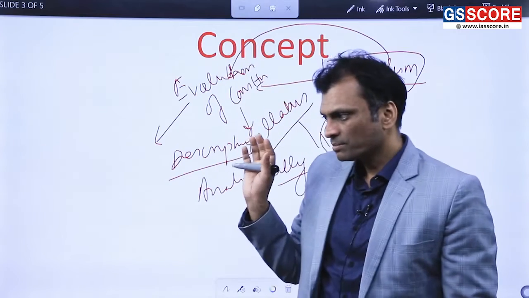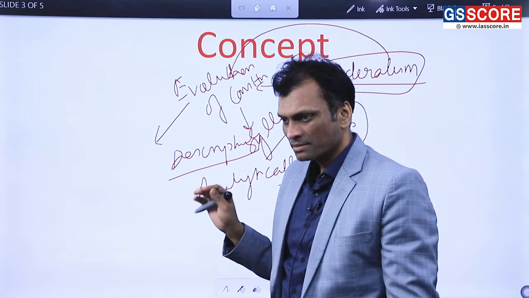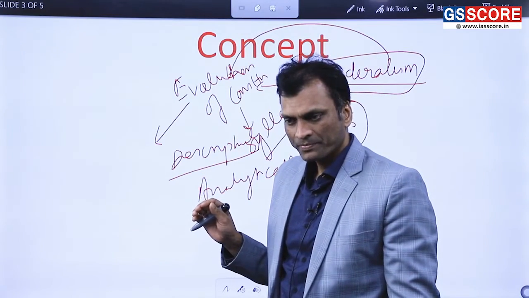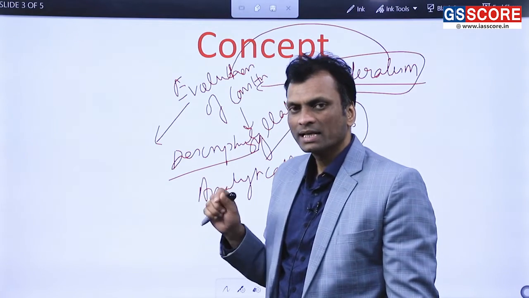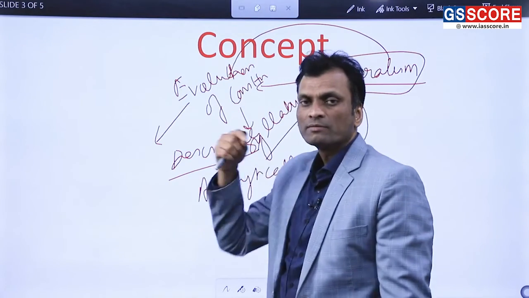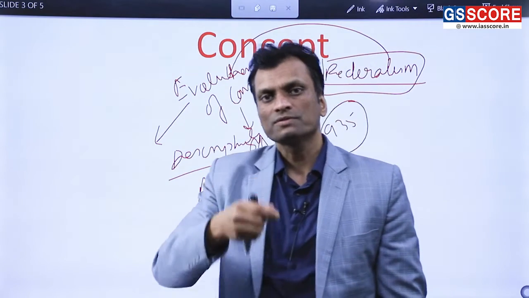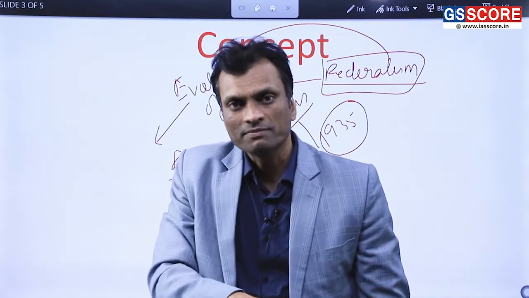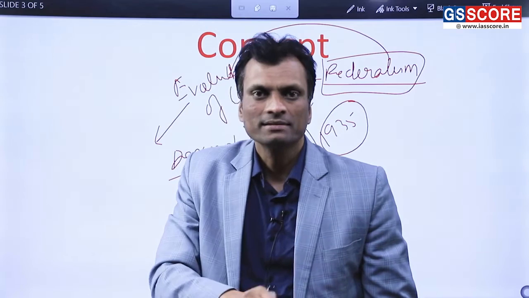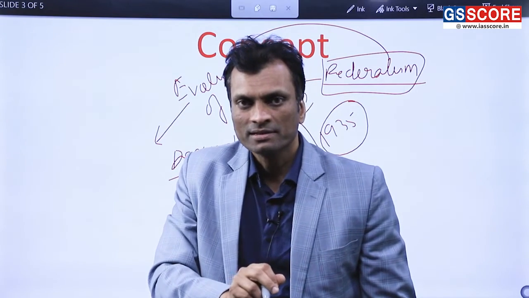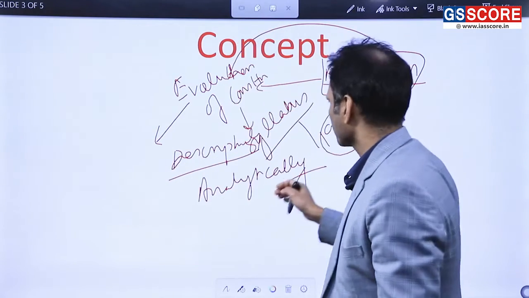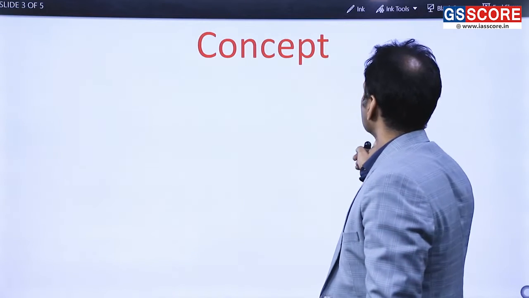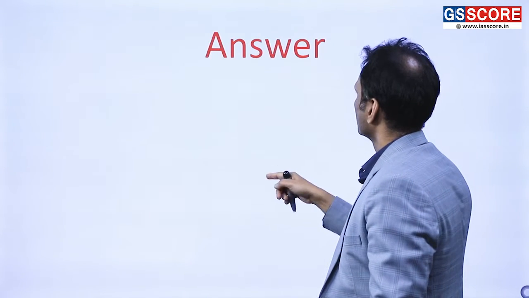So it is less about the nature of Indian federalism. The concept is more about linking the federal provisions of the 1935 Act with the current federal setup of India.